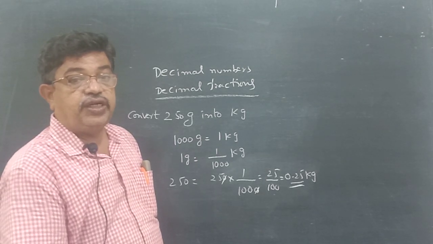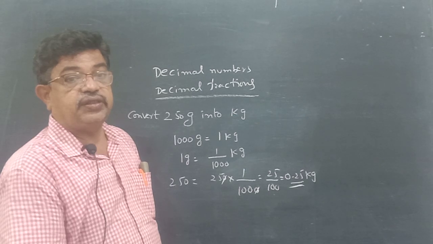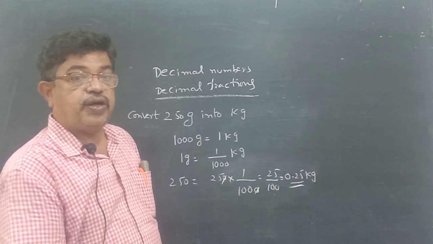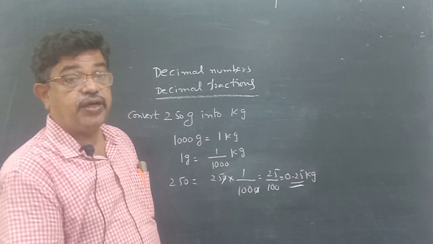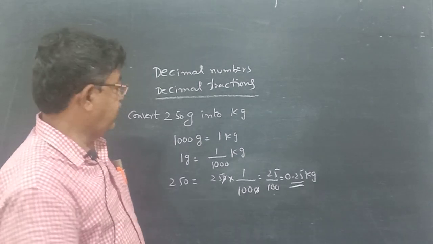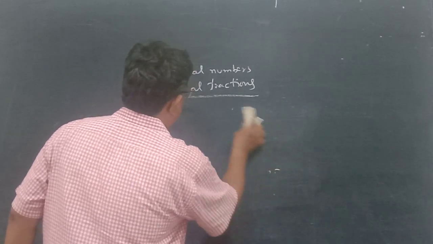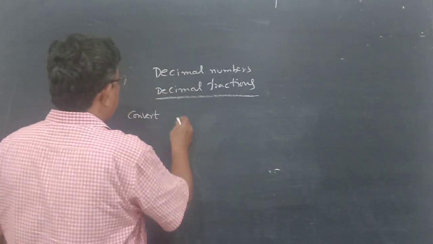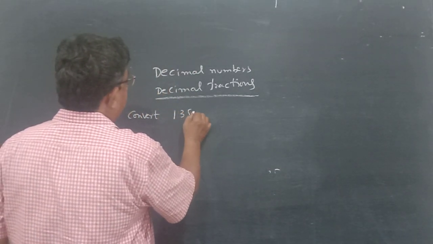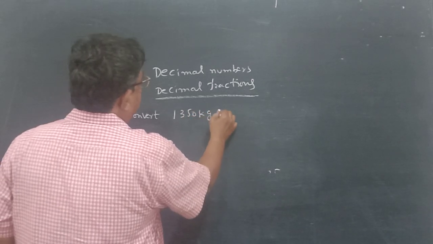Grams is smaller units, kilograms is larger units. So we can convert smaller units into bigger units or bigger units into smaller units. Suppose you are given 1350 kilograms into grams.